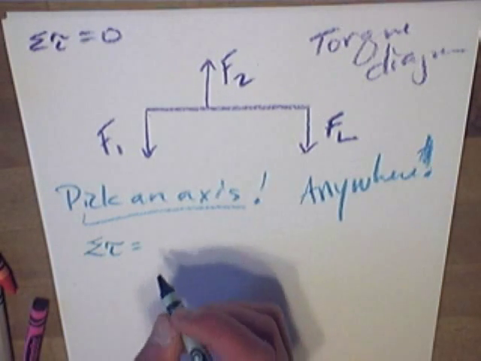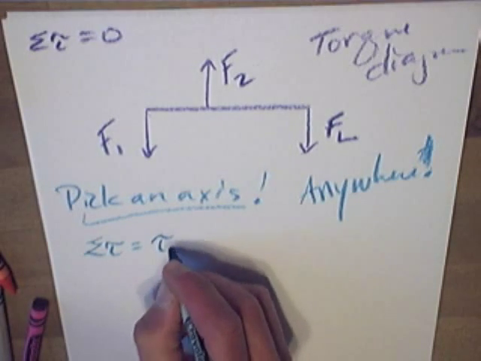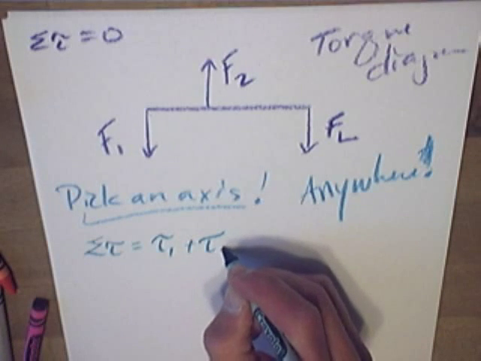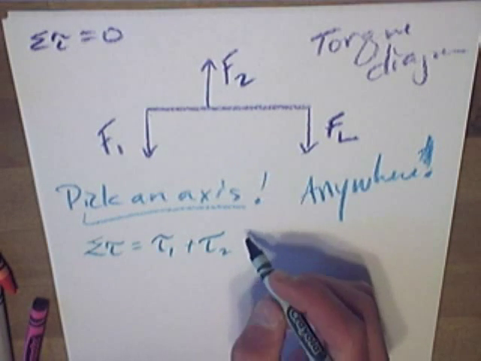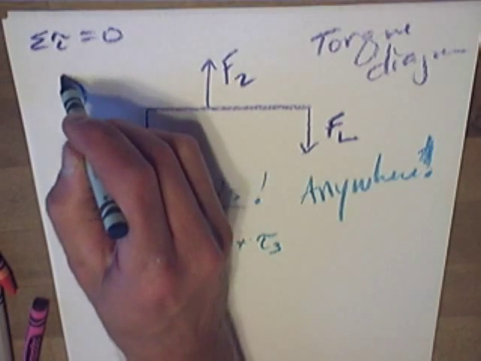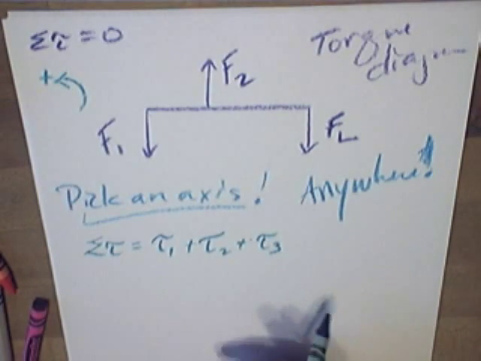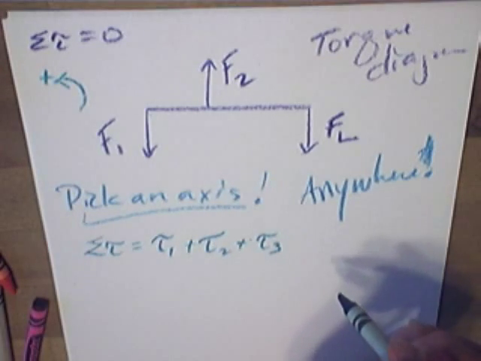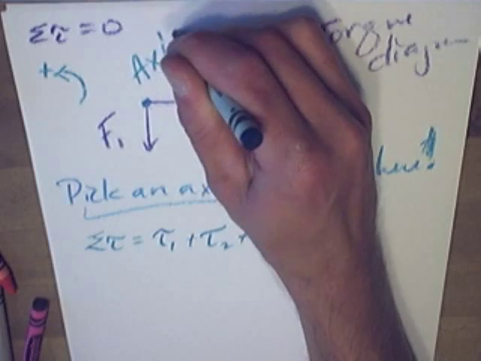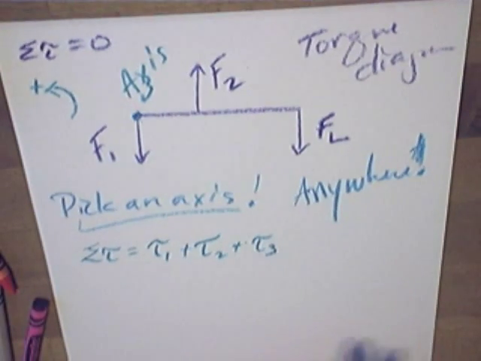We're going to have the torque due to 1 plus the torque due to 2 plus the torque due to 3. Counterclockwise is positive. I need to pick my axis. I'm going to choose it right here, my axis of rotation.